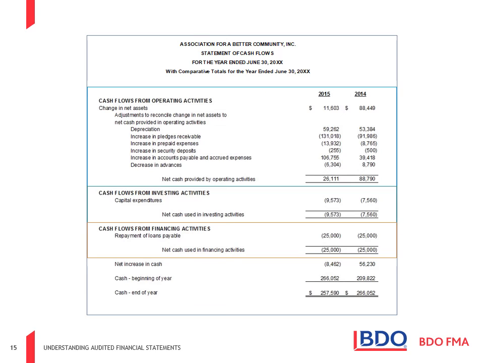If I were looking for one particular number on the statement of cash flows to pay particular attention to, I would probably look here at the net cash provided by operating activities. So that shows us, on a cash basis, if our operations generated sufficient cash to fully fund the operations themselves. So we like to see a positive number here. We like to see that we were able to generate enough cash to fund our operations.